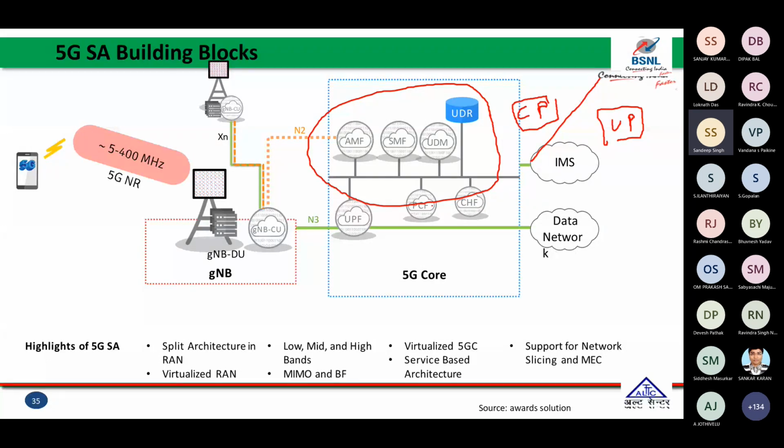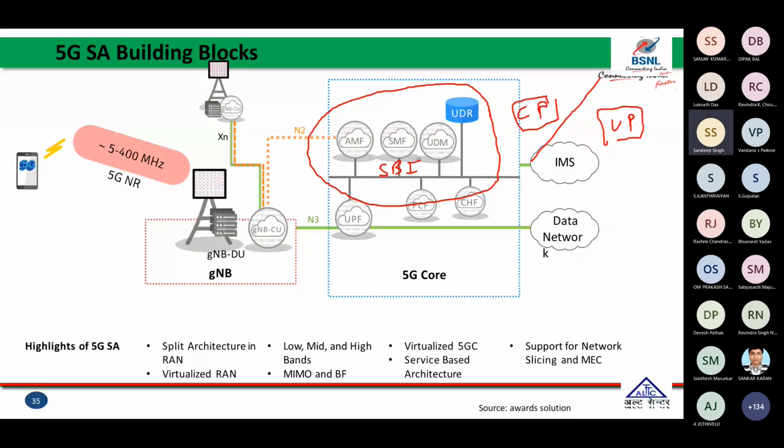One is the service-based interface present in the core network control plane, and another is the reference interface like N1, N2, N3, and N4. These are the four interfaces that connect the user plane to the control plane.